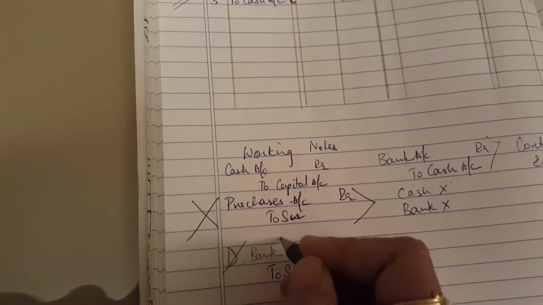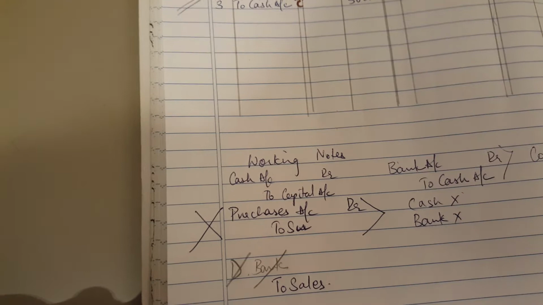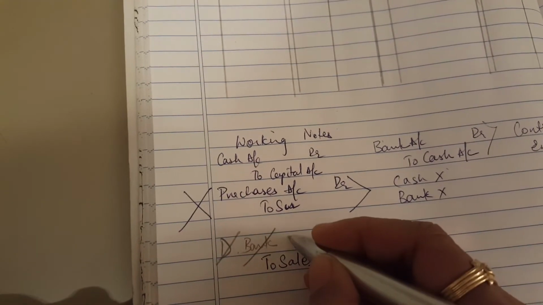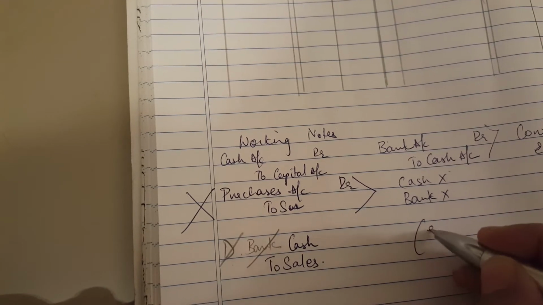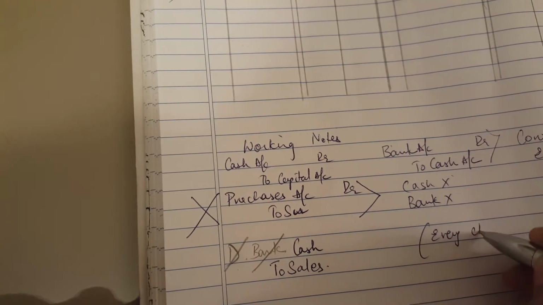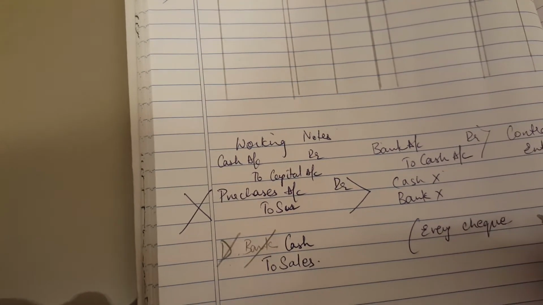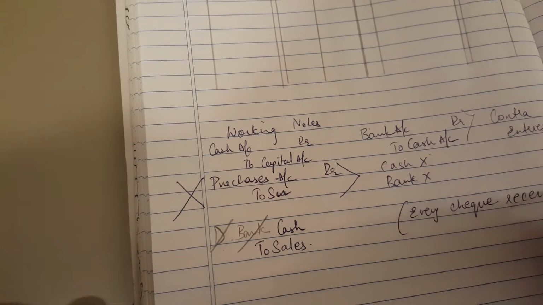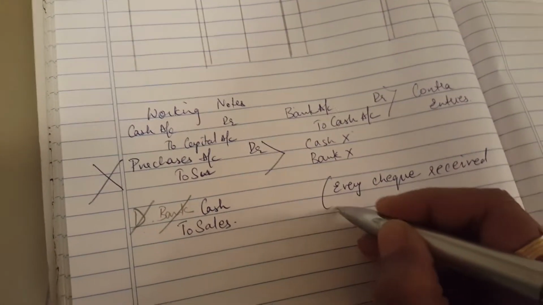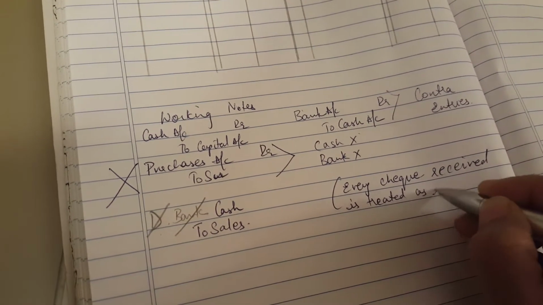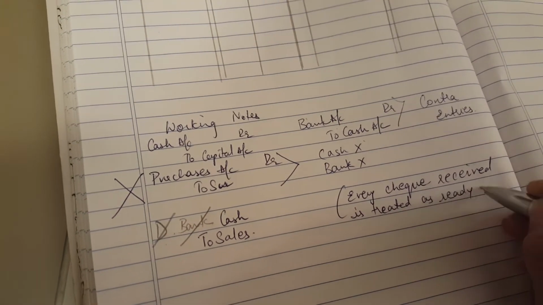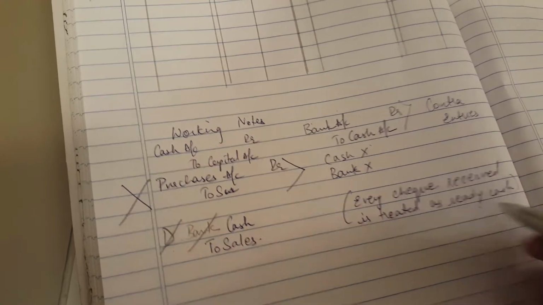But again, this also doesn't matter because as per a rule, every check received, unless it is a crossed check, is treated as ready cash. Ready cash means it is as good as cash.